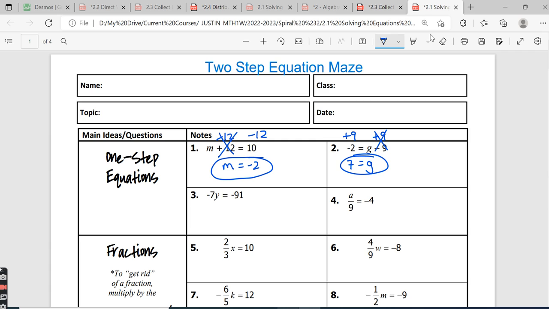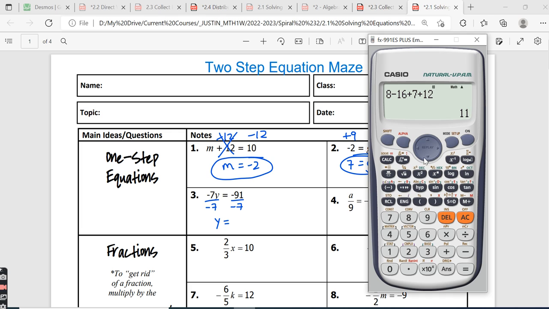We're done. Over here, negative 7 times y equals negative 91. Well, I want y, so I divide both sides because the opposite of multiplication is division. Divide both sides by negative 7, y equals negative 91 divided by negative 7, giving me 13.